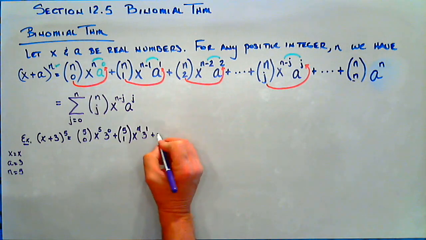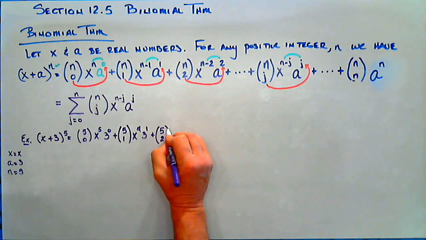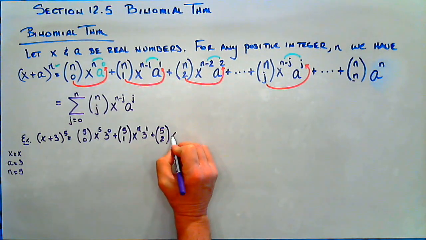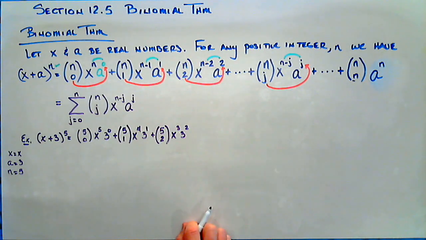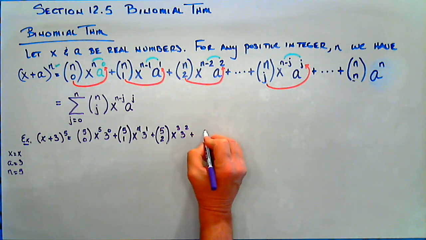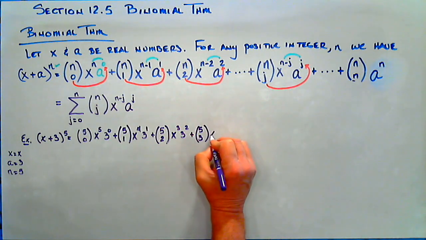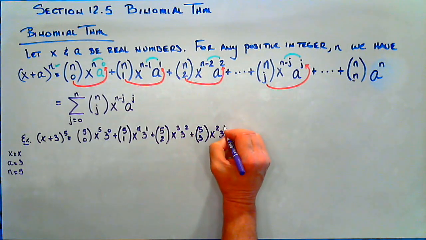There's a pattern here, and once you do a few of the problems, then you become very comfortable with the pattern. Now we have 5 choose 2. x goes down, 3 goes up. 5 choose 3. x goes down, 3 goes up.